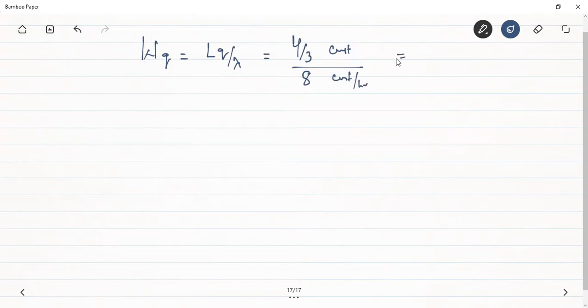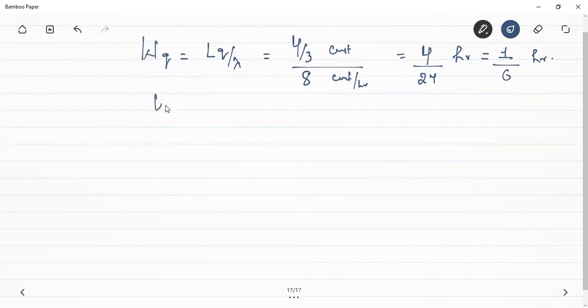Customer and customer will cancel out. 4 divided by 3 multiplied by 8, that will be equal to 24. So this will be equal to 4 by 24 hours, or this will be equal to 1 by 6 hours. So waiting time in the queue is equal to 1 by 6 hours.